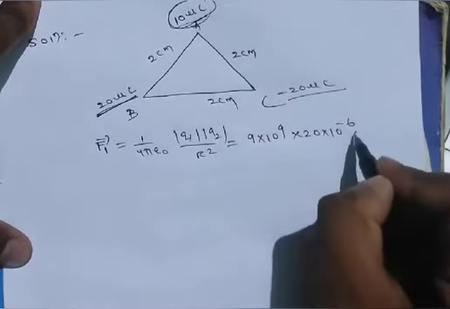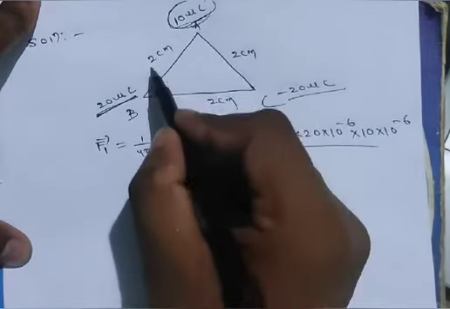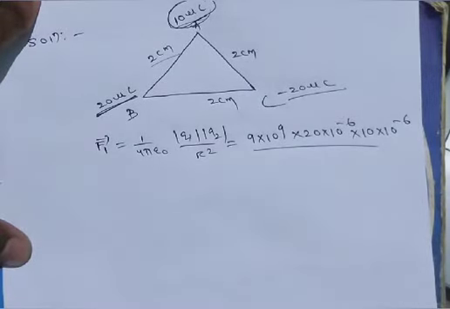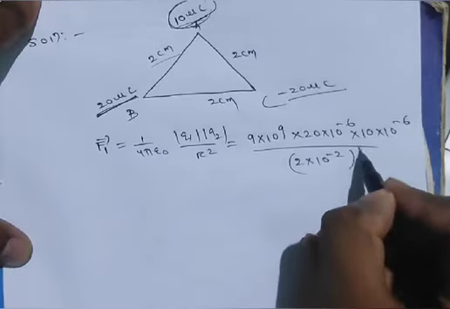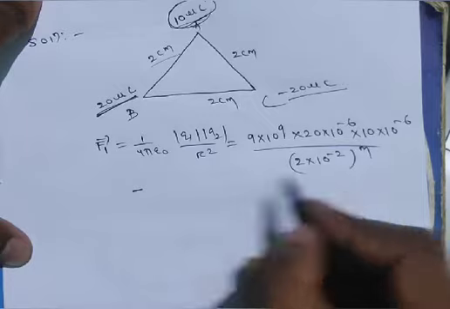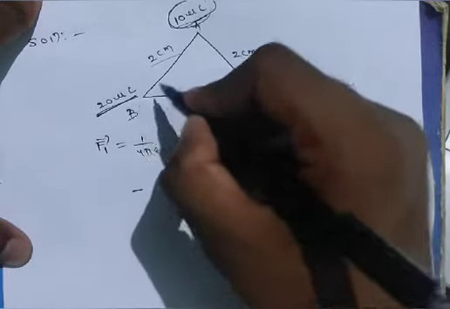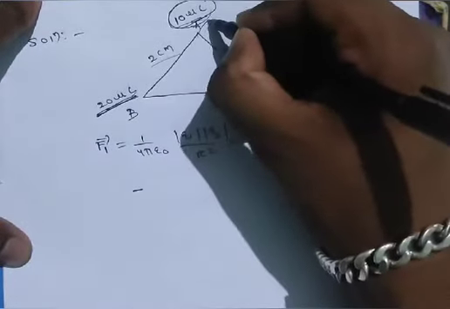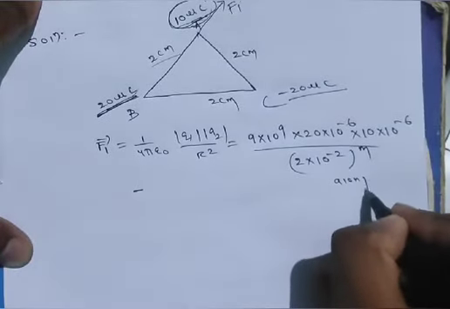Similarly 10 microcoulomb is 10 into 10 to the power minus 6 coulomb, and the distance is 2 cm. We know 1 cm equals 10 to the power minus 2 meter, so 2 cm is 2 into 10 to the power minus 2 meter, whole square. We will solve it later. Its direction: this is positive and this is positive, so its direction will be along F1.